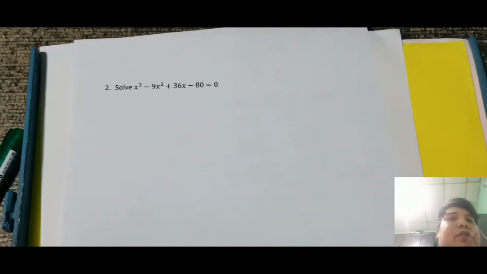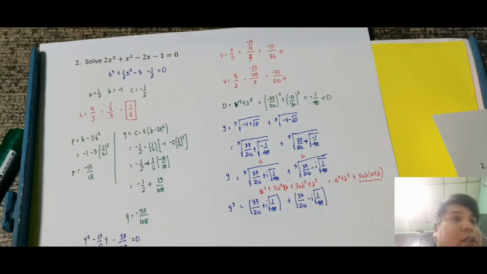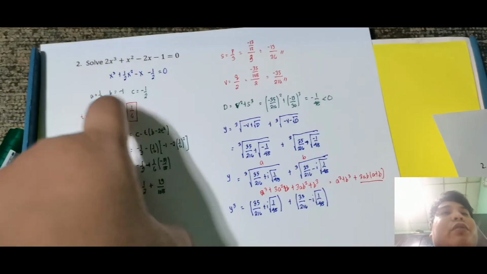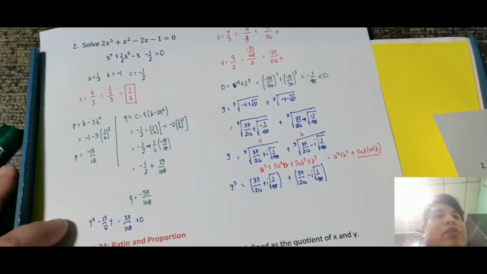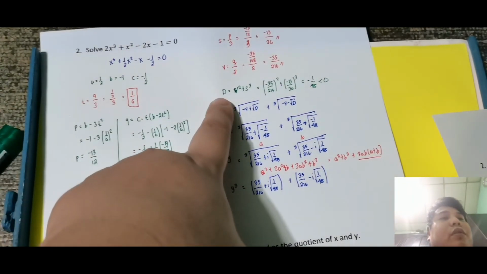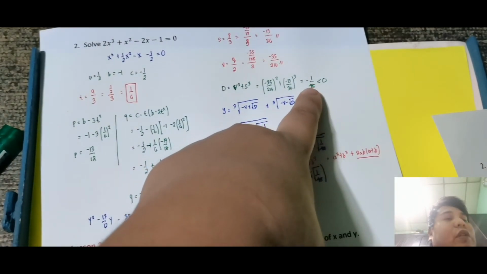Okay, so before tayo mag number 2, pakita ko lang dito. Kanina nag-solve ako nito. Ang nangyari, nung nag-solve ako ng solution, lumabas sa D ko, that is negative 1 over 48, less than 0. So aware ako na 3 distinct real roots siya.